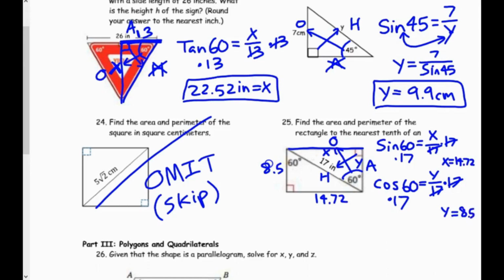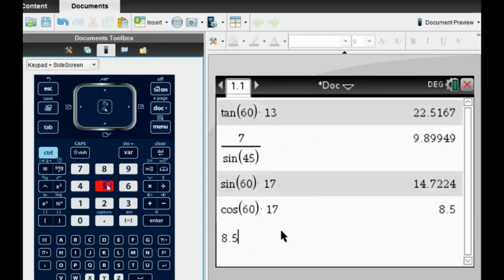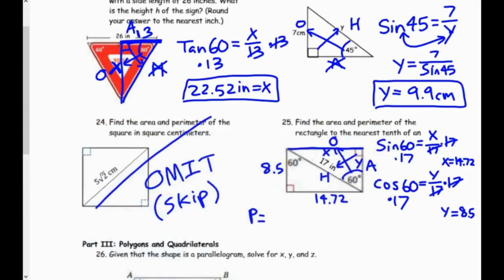So perimeter, I'm going to add up 8.5 plus 14.72 twice. And I get 46.44 inches.